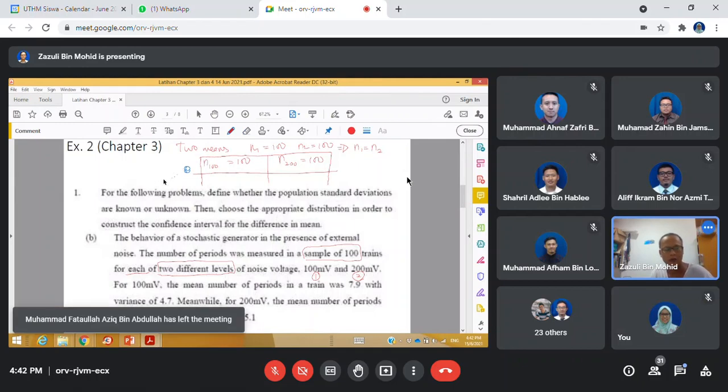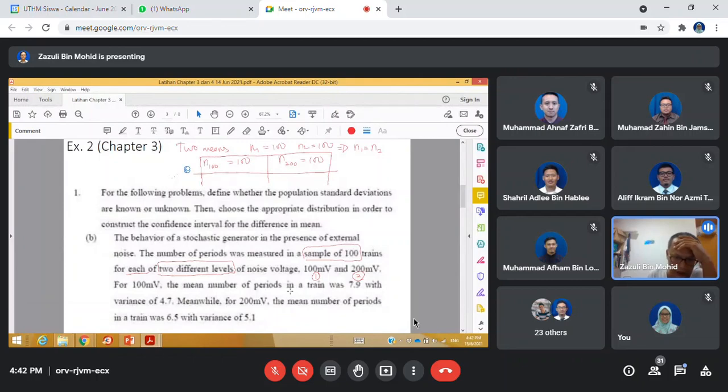Okay. Sekarang ni, the mean number of periods in train was 7.9 with variance of 4.7. Jadi mean 100 is equal 7.9.